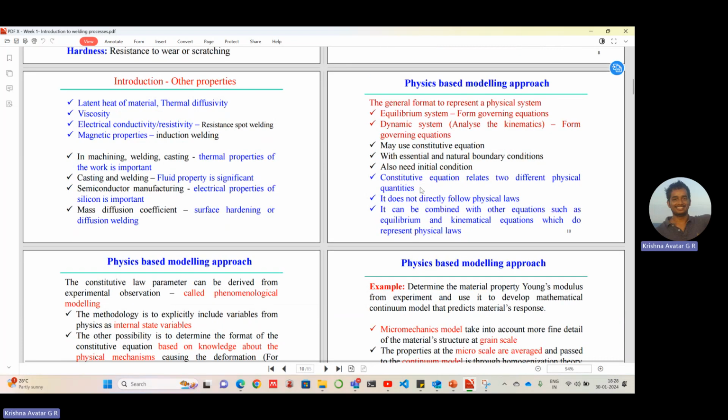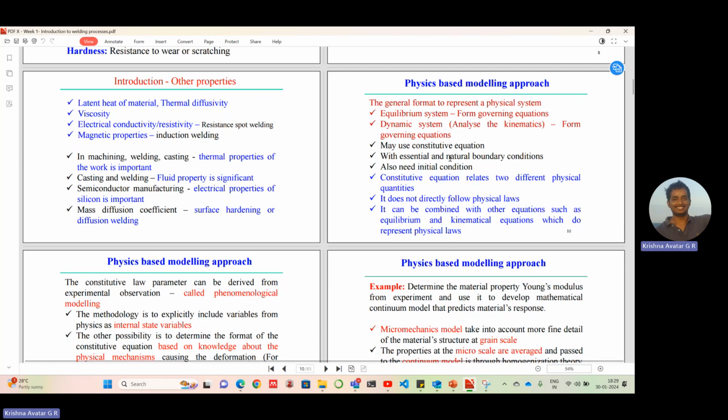There are various different ways of modeling any physical system. First of all, we start with a very mathematical perspective. We first have what is known as an equilibrium system, for which we require certain governing equations. In order to construct those equilibrium equations, we could adopt two different approaches.